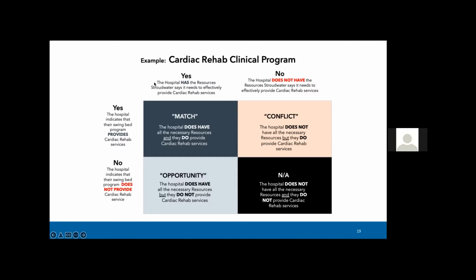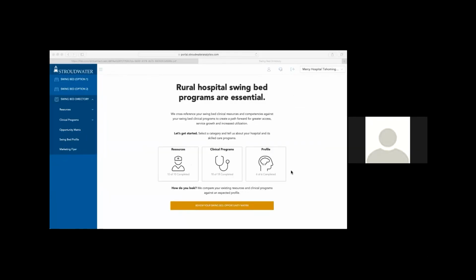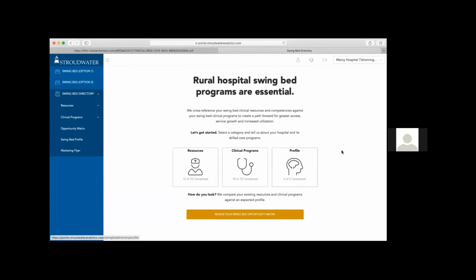So I'm going to switch gears for just a second. And I'm going to use one of your peer hospitals as an example, if I can find the internet. Okay.